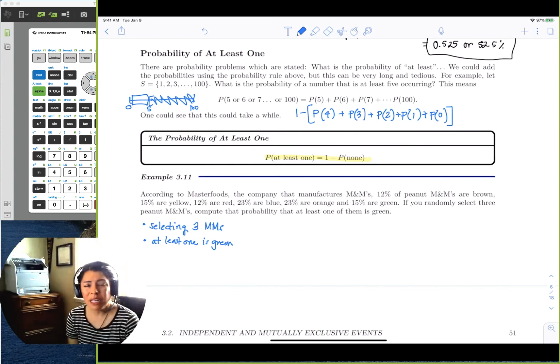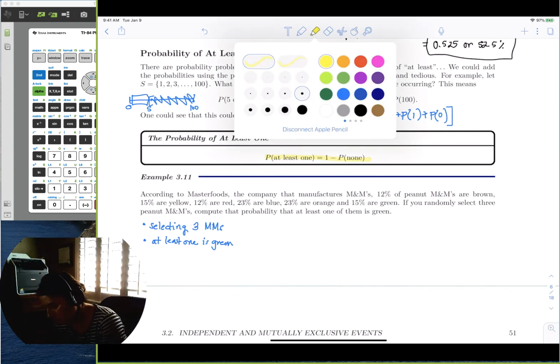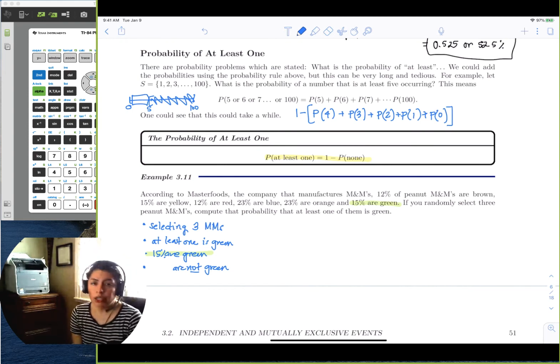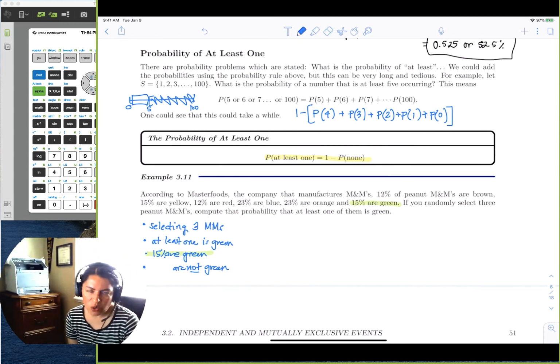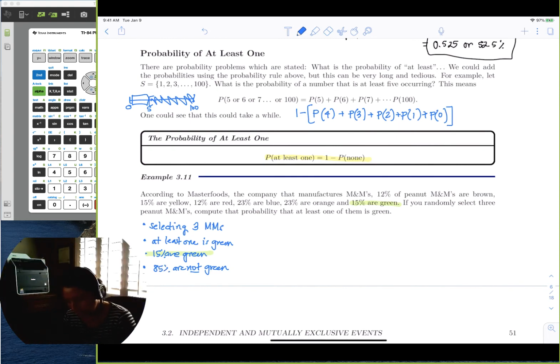Well, how many are green? 15% are green. So how many are not green? Well, you could add up all the percentages that are not green, or just know that it's 100% minus 15, which would mean that 85% are not green.